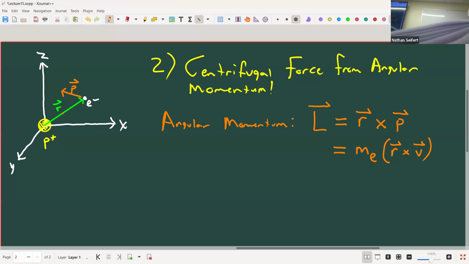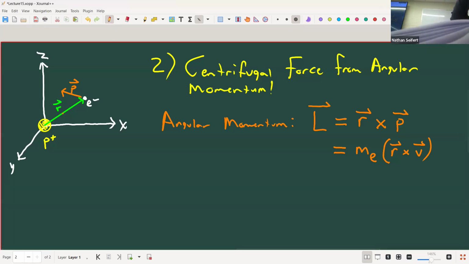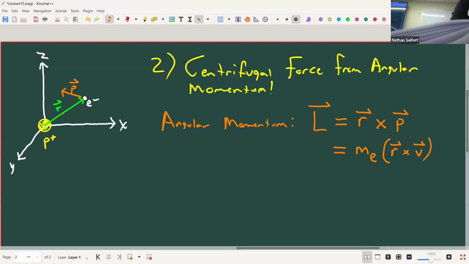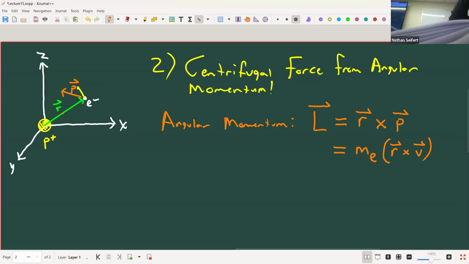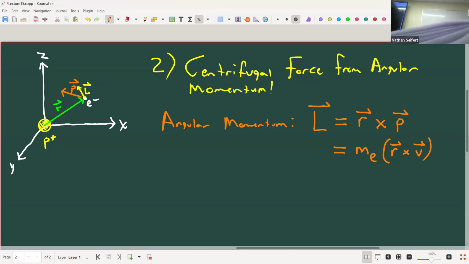Yes, the right-hand rule. And so we have an angular momentum vector. I don't know how to draw this. Out of the board like this. And what that means is that this electron with this motion is orbiting in this direction. So the angular momentum vector is out of the board.